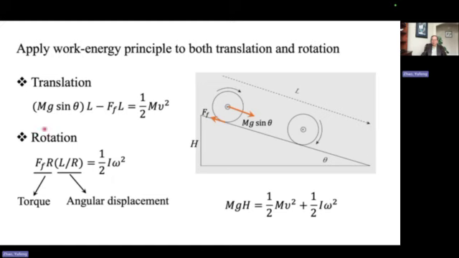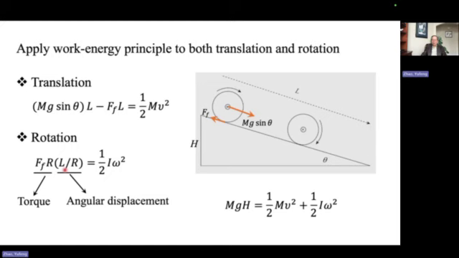The second part is to apply the work-energy principle to rotation. The work done by the torque for rotation is the force times the lever arm, which is the radius, giving you the torque corresponding to the friction.